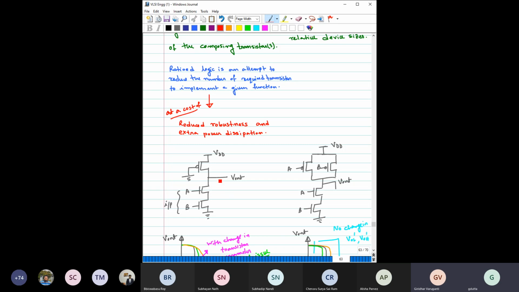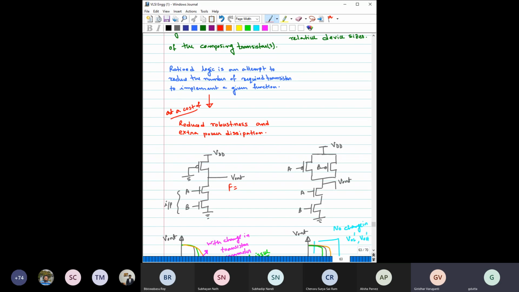Say, for example, let us consider this one. Can anyone tell me what this is? What will be the output function here? We have discussed this type of inverter design in our class, but probably not using multi-input.